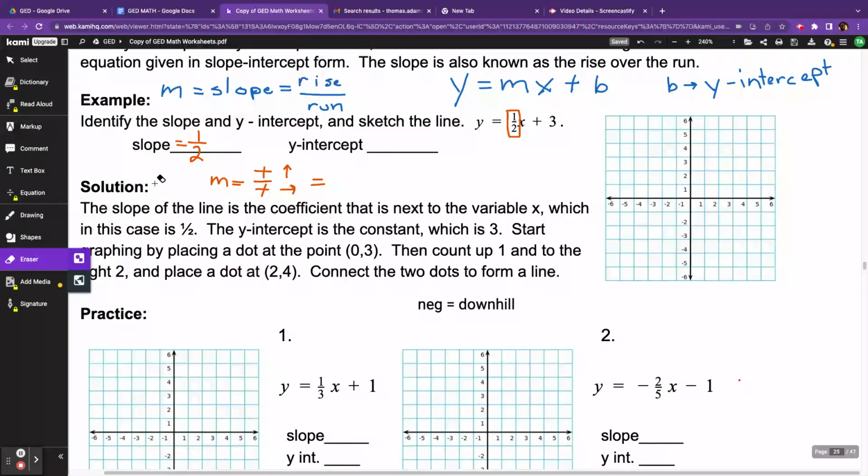Slope really means, I'll write it over here on the side because we're running out of room, delta y, which means change in y, over the change in x.